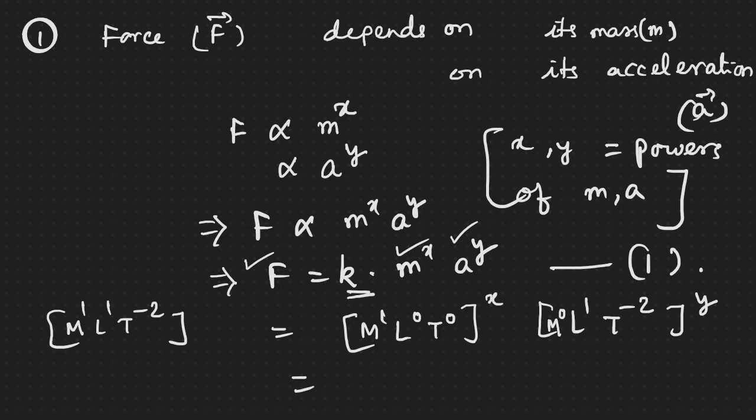These two things are multiplied, so I will also multiply them. In the result, for M it would be X, and for the second term Y multiplied with 0 is 0. For L, here it is 0 and there it would be Y, since 1 multiplied with Y is Y. For T, X multiplied with 0 is 0, and here it would be minus 2Y.